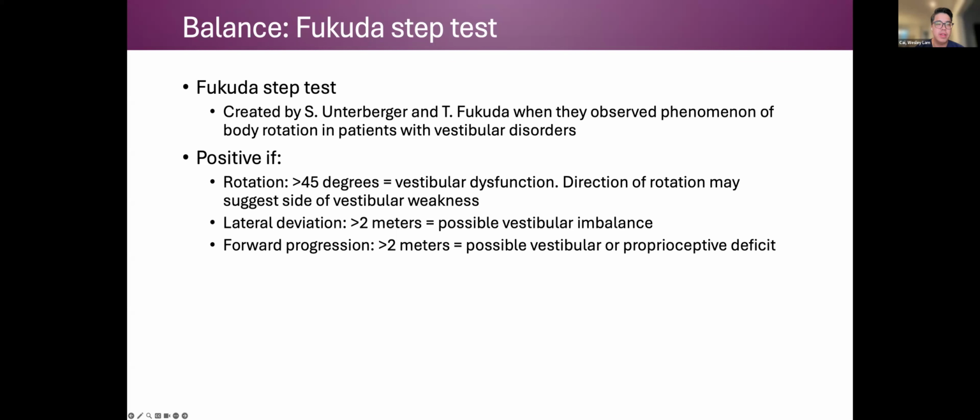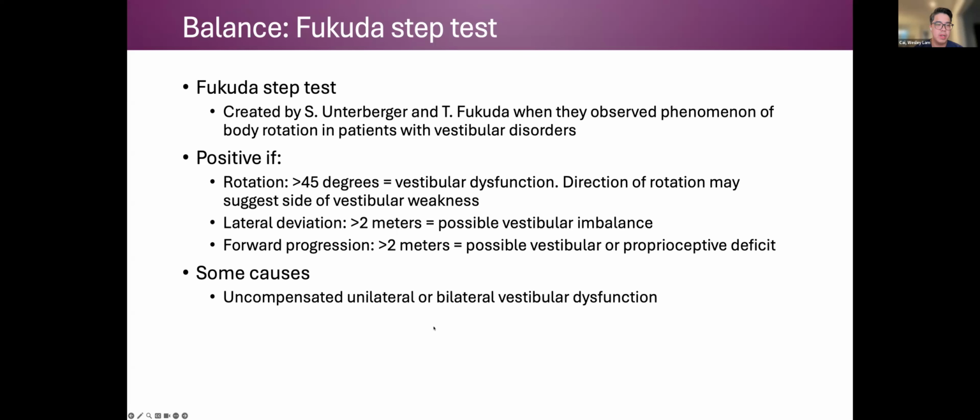There's also lateral deviation, and the numbers here are what they've set up. So 45 degrees, and then lateral deviation of greater than 2 meters, this is possible vestibular imbalance. And then if there's a forward progression greater than 2 meters, possible vestibular or proprioceptive deficit.